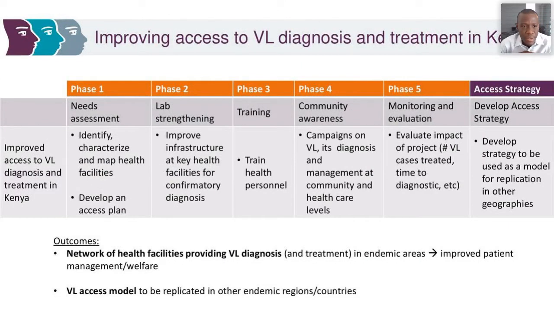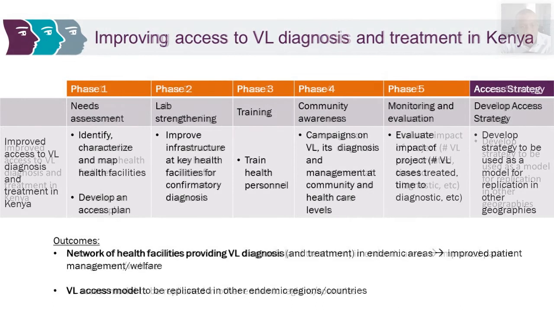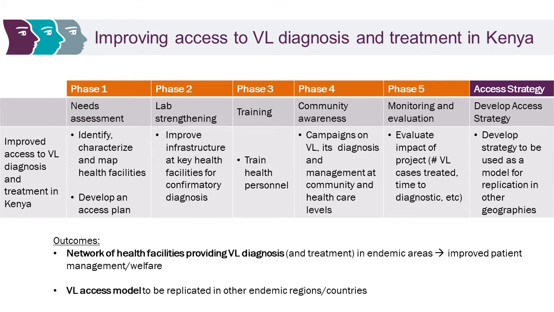Our work at FIND mainly is to improve access to diagnostics and eventually treatments. And we use a phased approach. First, there is a needs assessment, mapping and identifying the health facilities in the counties, which is followed by strengthening the laboratories, improving the infrastructure, supporting with equipment where needed. Then there's training of personnel, both laboratory and case management.